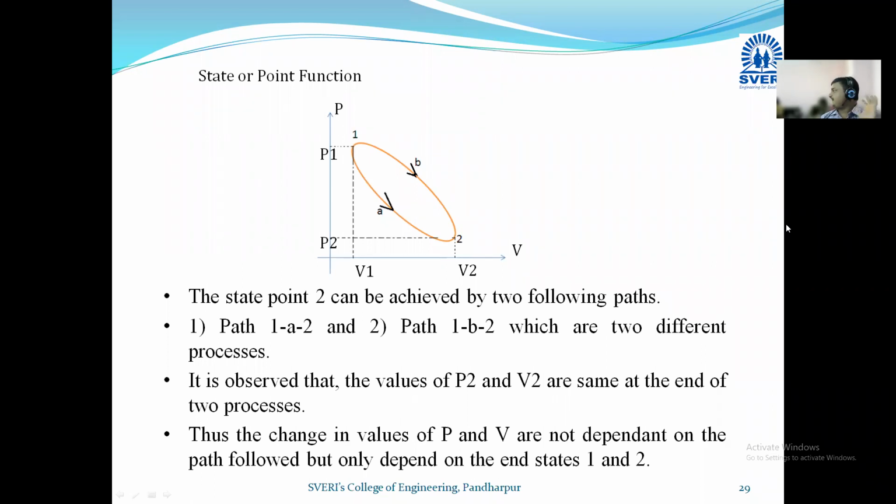So when you change the path, 1A2 च्या ऐवजी 1B2 ने आलात तर तुमचं डेस्टिनेशन चेंज होणार आहे का? नाही. If you go by Mohol or if you go by Tire, ultimately you are going to reach which place? Solapur. Means the second state is not going to change when you change the path. Means the values of state 2, that is P2 and V2, are not dependent on path.